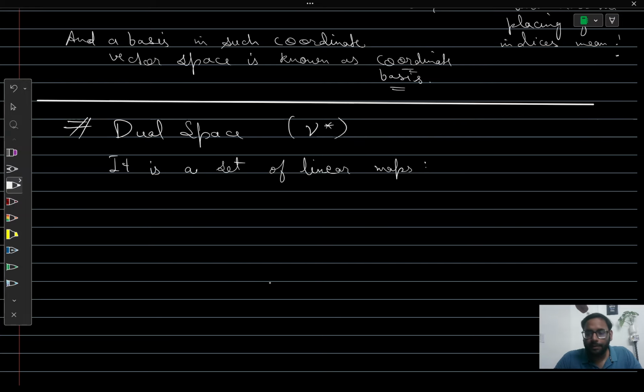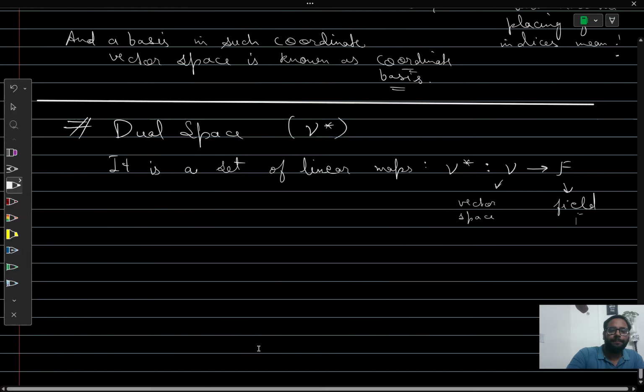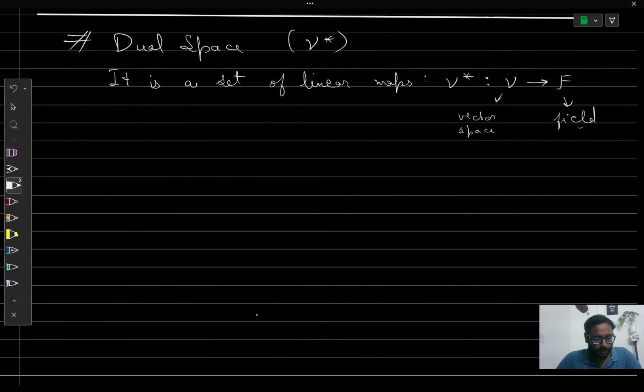That is V star, such that it takes an input from the vector space to the field. It is a vector space, and the field is the one over which the vector space is defined.